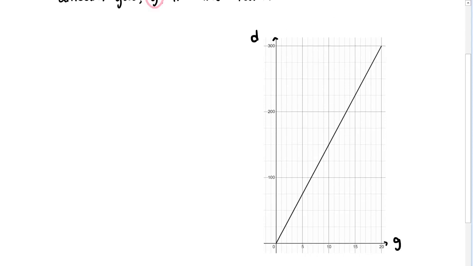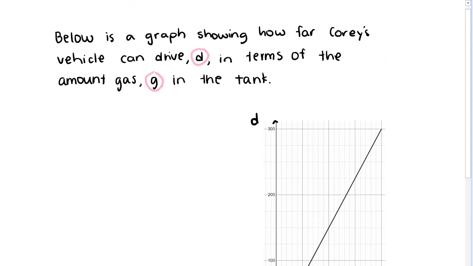And so I'd like to emphasize or highlight one thing in the situation statement, this phrase, "in terms of." So you'll see this phrase a lot as you go through your different math classes. "In terms of" is usually telling us what our input variable is going to be. And so here, the quantity that follows "in terms of," the amount of gas in the tank, that's telling us that really that's our input variable.